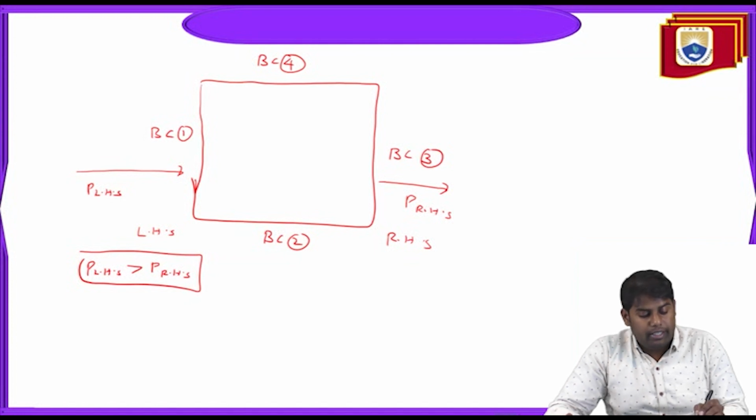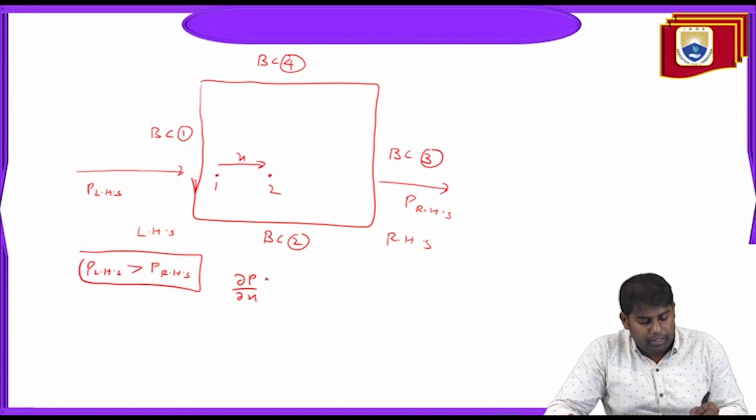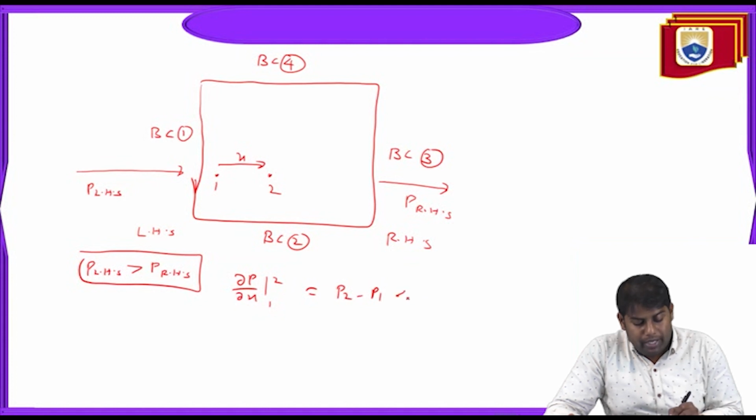Okay, so let us take these points, point 1 and 2, along the x-axis. So ∂P/∂x between 1 and 2 is P2 minus P1. So this should be less than 0.